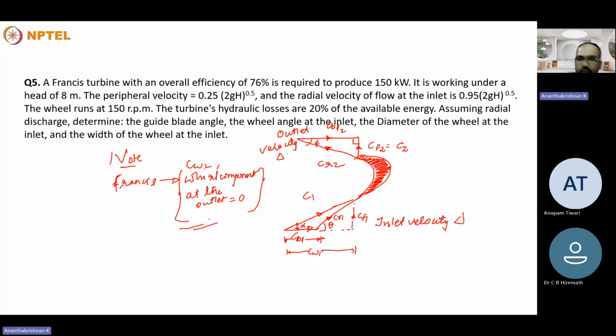That actually solves quite a lot of our issues, because in order to calculate the power, we need only the inlet whirl component. Once the velocity triangle is formulated, we need to solve it step by step.